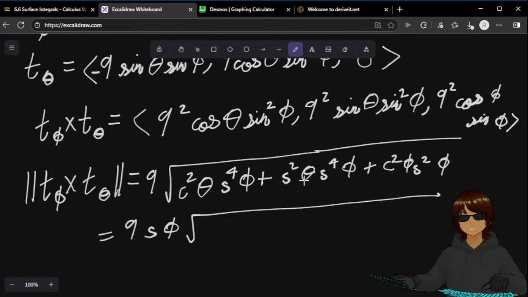Cos square sine square is just 1. Sine square phi.